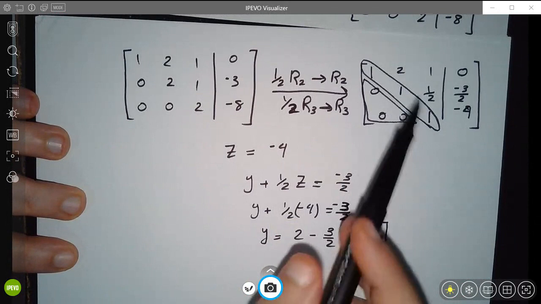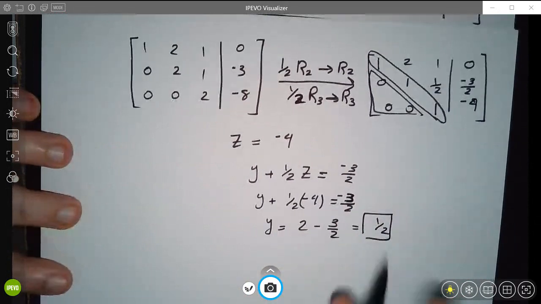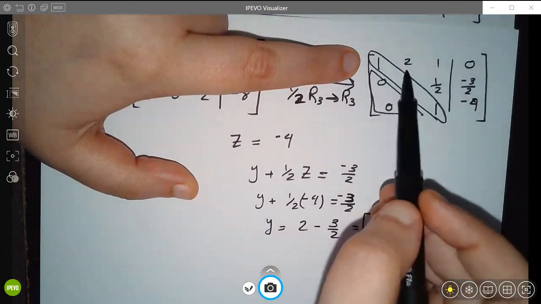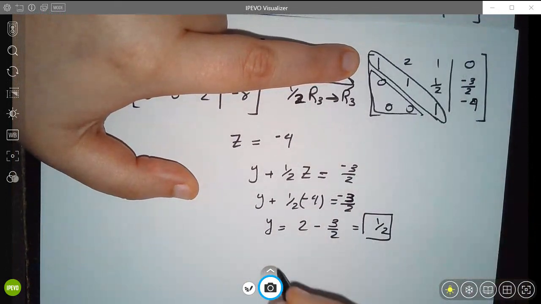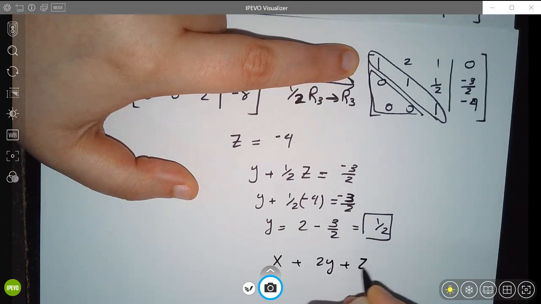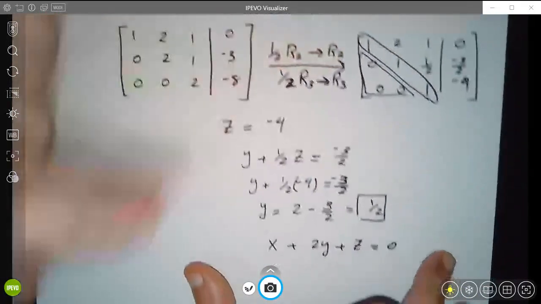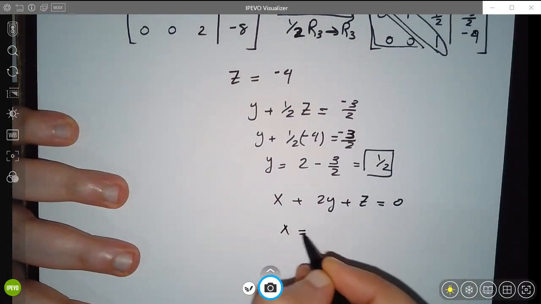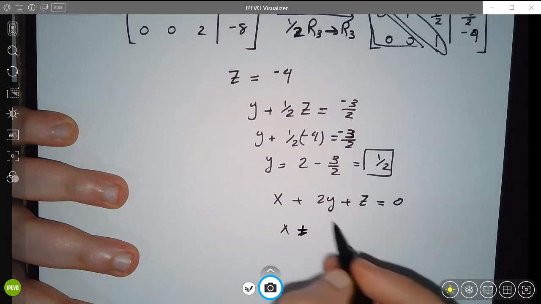So now we have y. Z, that's y. You use both to find x. So the first equation is 1x, 2y, 1z. Right? So it's x plus 2y plus z, and it equals 0. So everything is going to even out. Z we said is -4.